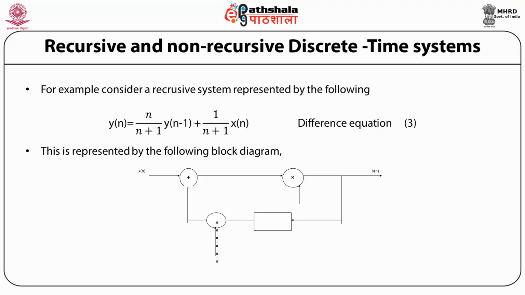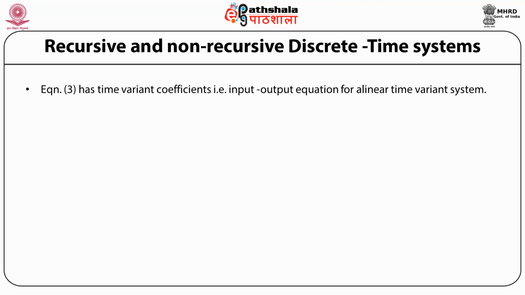This is represented by the following block diagram, where x(n) is the input to the summation, then it is applied to the multiplication by 1 by (n plus 1), and we get the output, which is fed back through z to the power minus 1, then multiplied by n and fed back to the summation. Equation 3 has time variant coefficients, that is, it is the input-output equation for a linear time variant system.